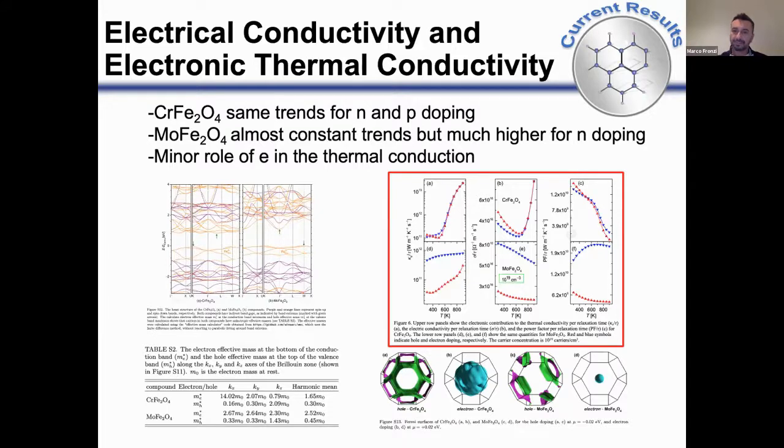First of all, the chromium doped iron oxide shows the same properties for N doping or P doping, shown in different colors. Chromium doped iron oxide shows very similar, almost the same properties for the 2 kinds of doping. However, the 3 properties change hugely with the temperature.